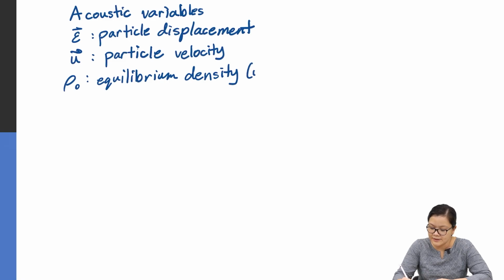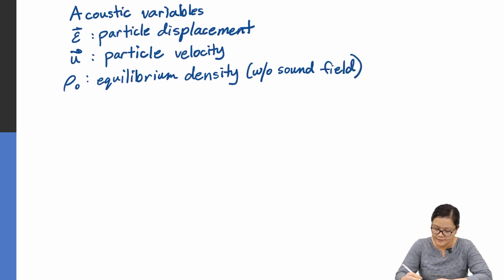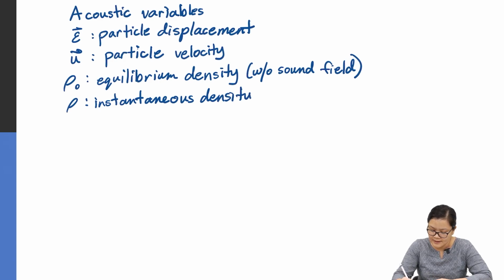Equilibrium density. And this is without the sound field. So sound field is off. And then we have our instantaneous density, rho. And this is as the sound field propagates through the material.